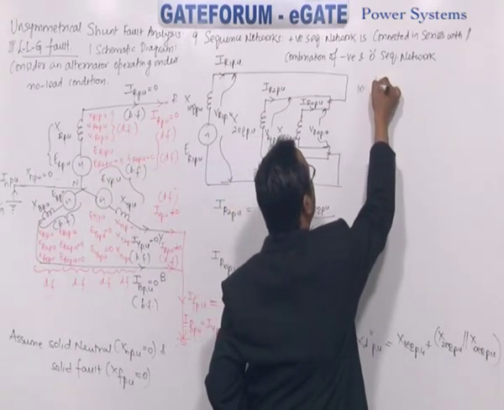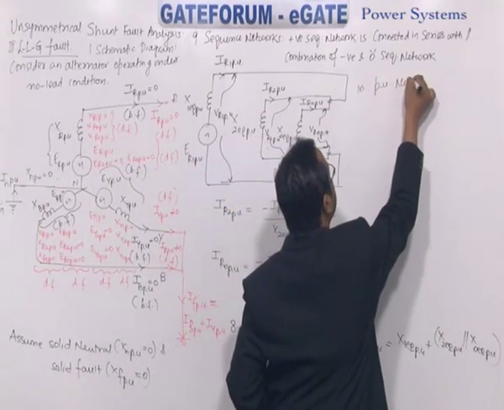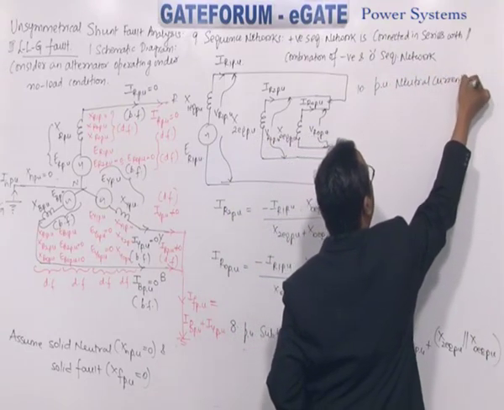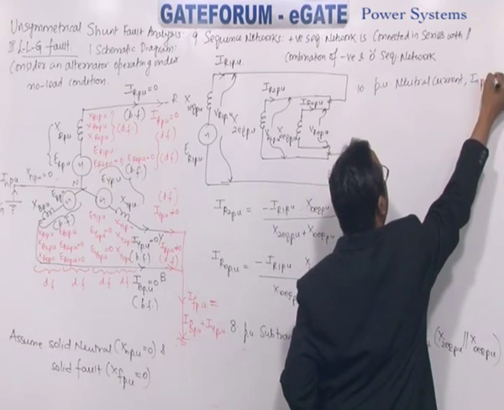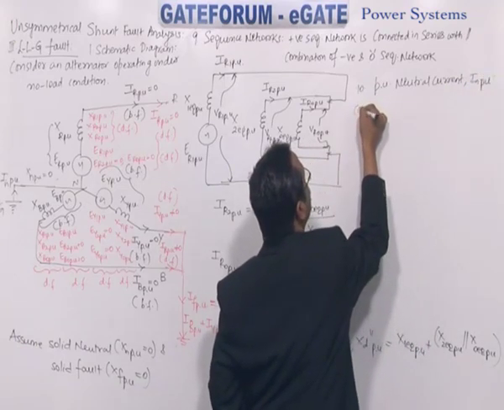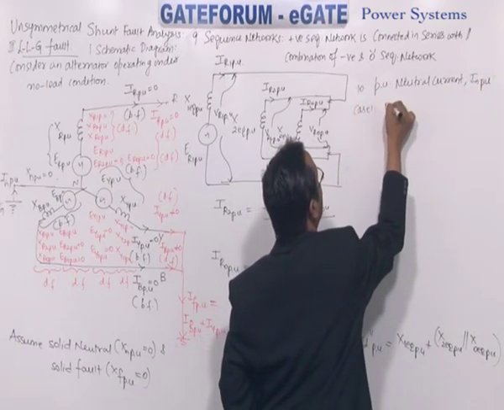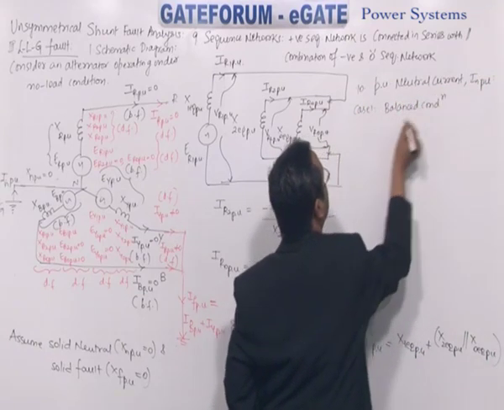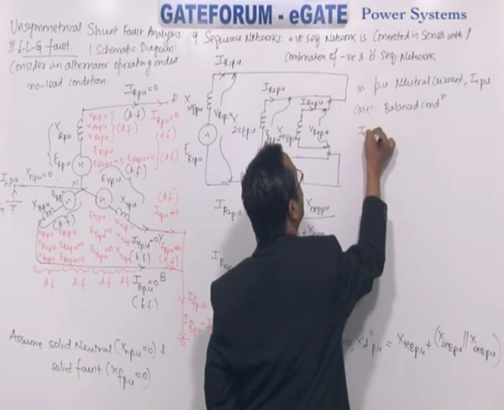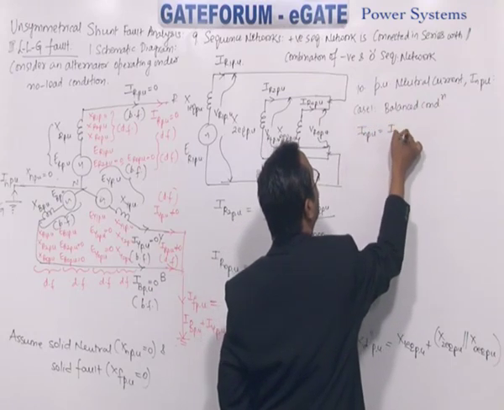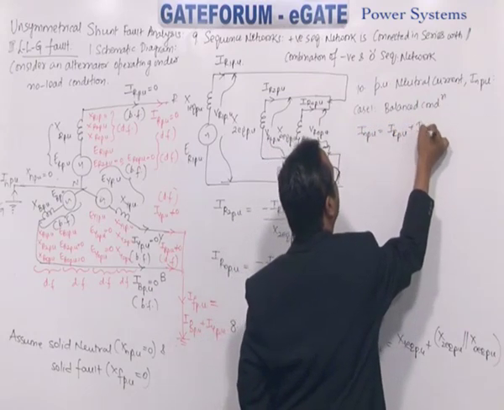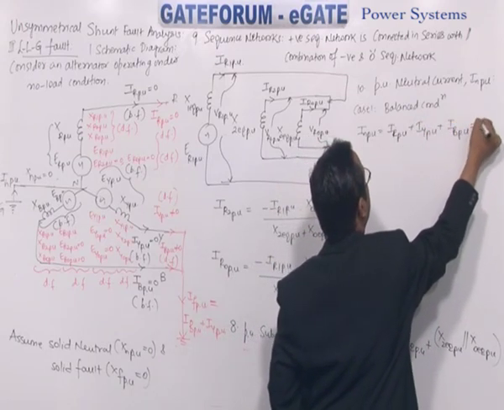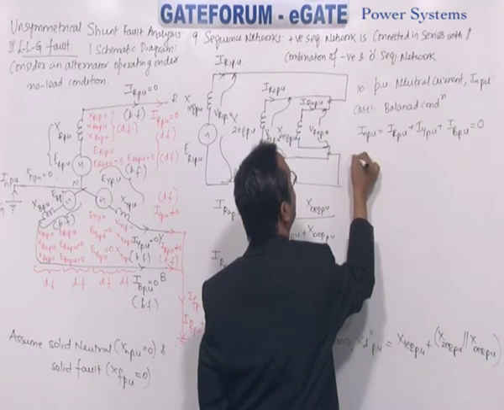Next we represent the per unit neutral current. First we deal with case 1, balanced conditions. What is IN per unit? It is IR plus IY plus IB, which is 0.